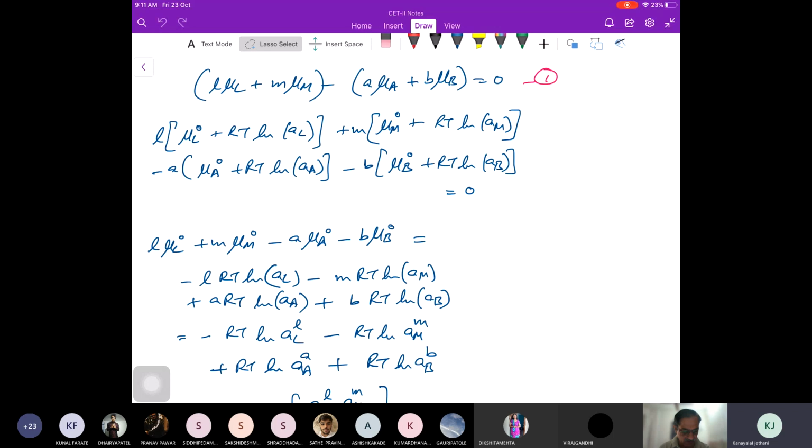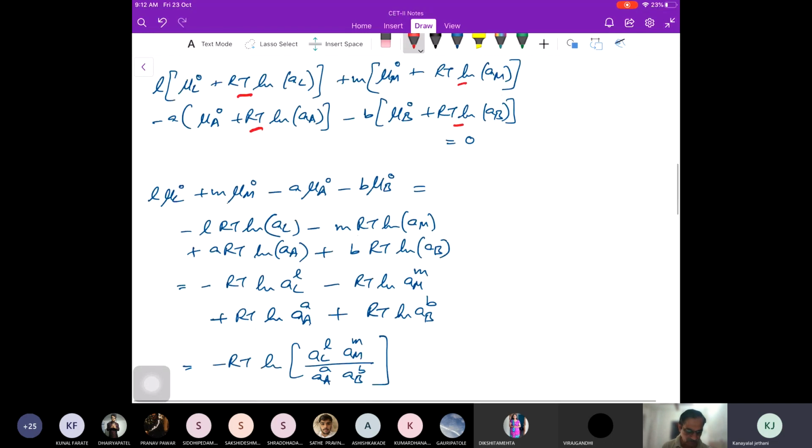What you get on the right hand side is minus l into RT ln a L, minus m into RT ln a M, plus a into RT ln a A and plus b into RT ln a B. Okay, so we can take this and put it as a power of this term. It is nothing but maths.